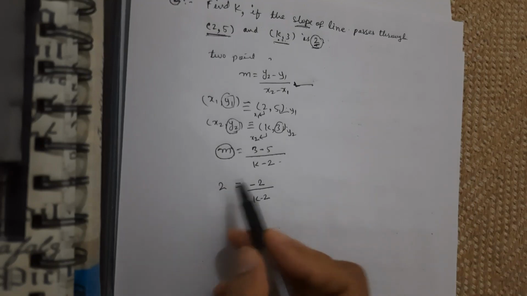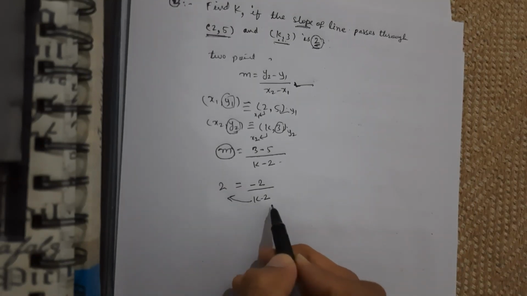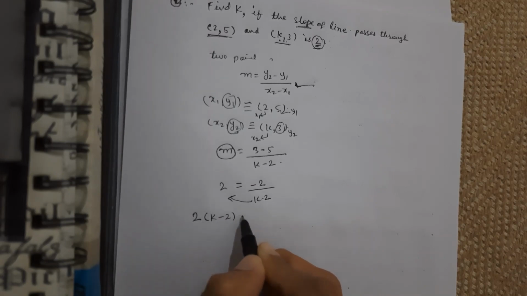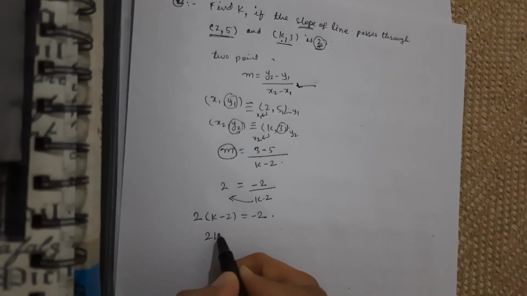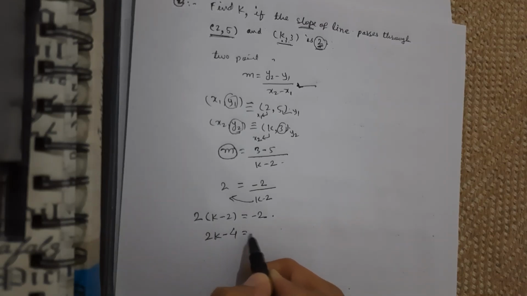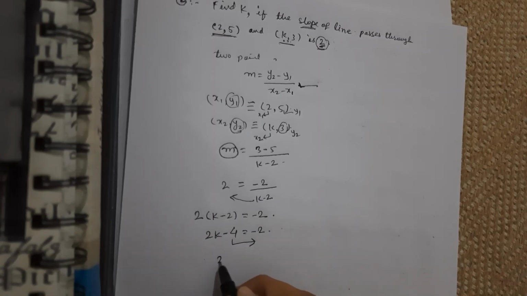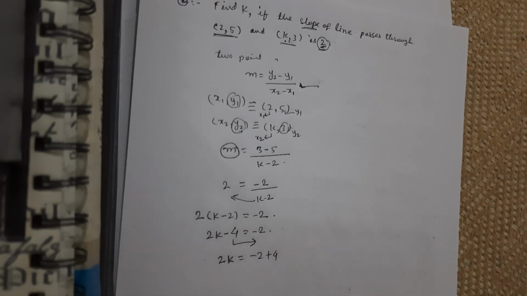So m is 2. Simplify this and you will get the value of k. Shifting the k minus 2 here, I get 2 into k minus 2 equal to minus 2. So 2k minus 4 equal to minus 2. Take this minus 4 to the other side: 2k equal to minus 2 plus 4.